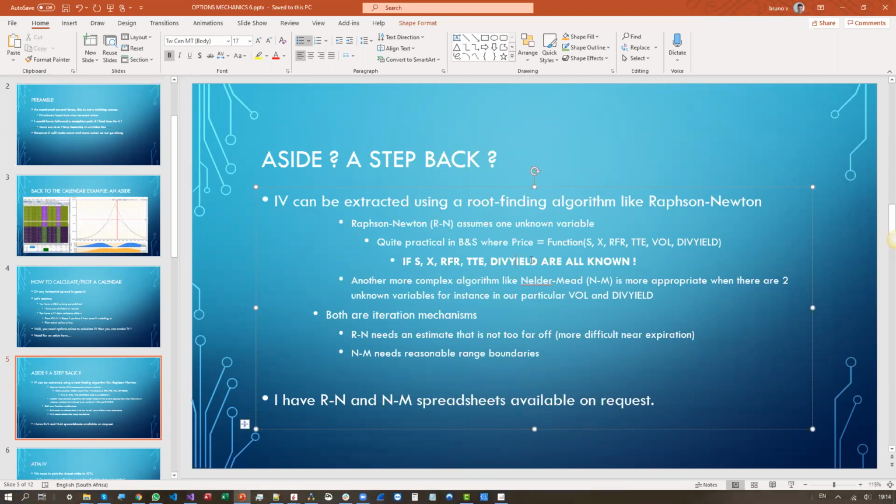And even the Bjerksund, which is in the same family, an extension of Black-Scholes, it still doesn't. It does a little bit better to accommodate for the pricing for that possibility of being exercised, but it's still not perfect.